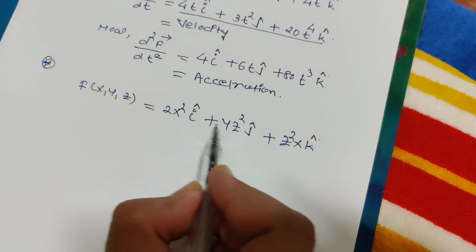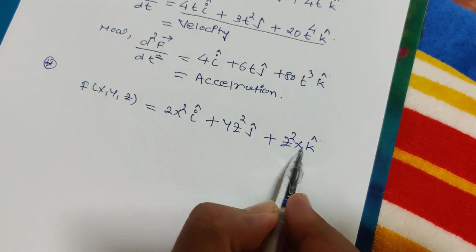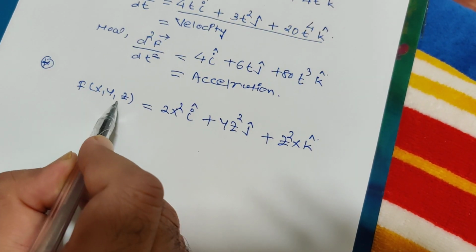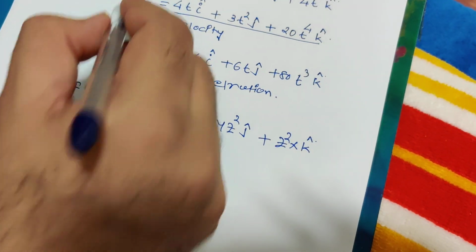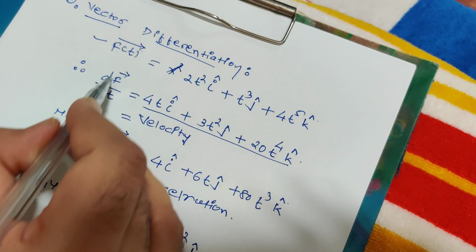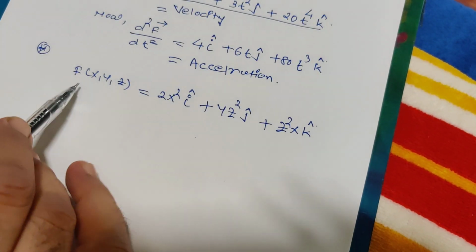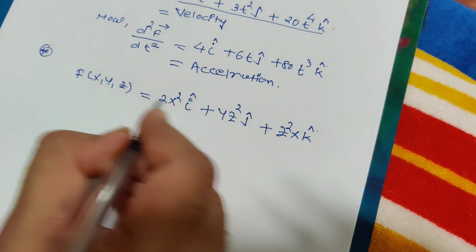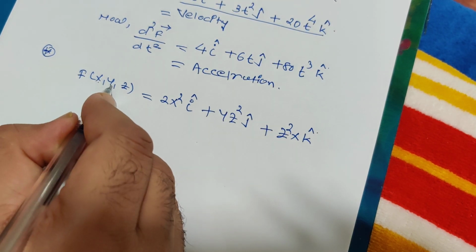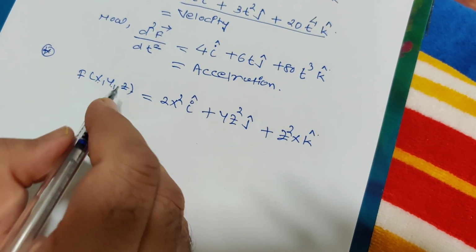So here we have given x, y and z in terms of the vector. So here we have found the derivative of the vector, but now we'll find the partial derivative of this function with respect to x, y and z separately.